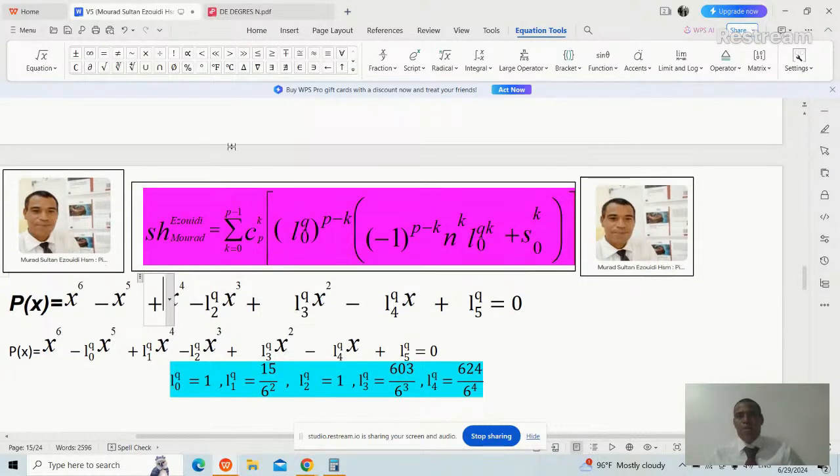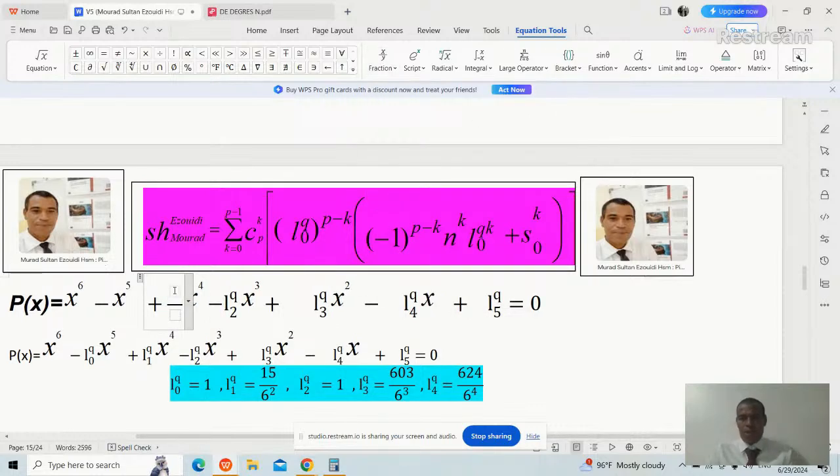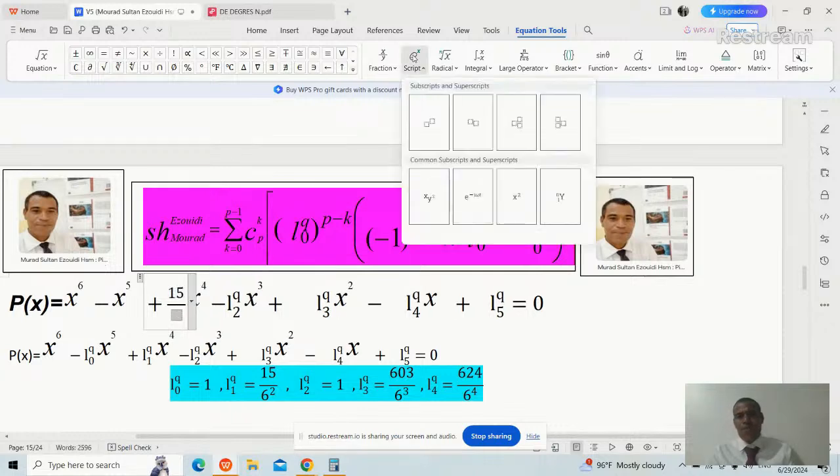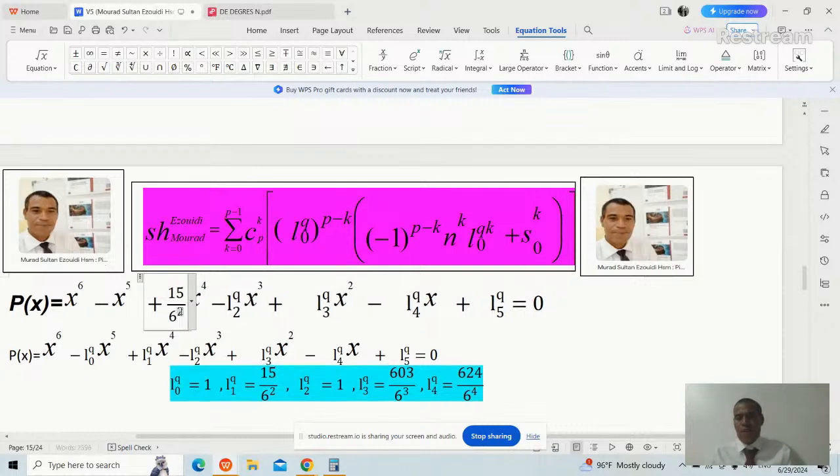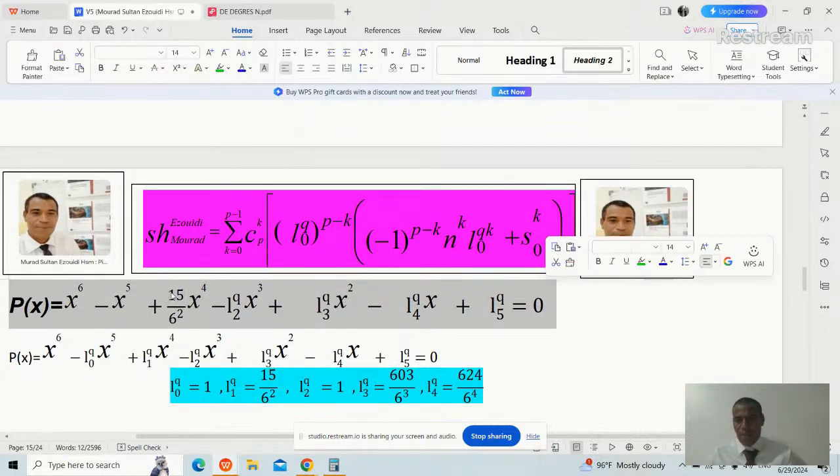Okay, equation we told plus 15 divided by 36, by the square of 36. The square of 6, then square. Okay, this is the value of L1. I will use this one because I need it.